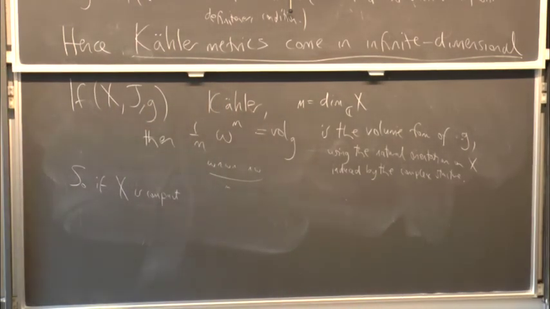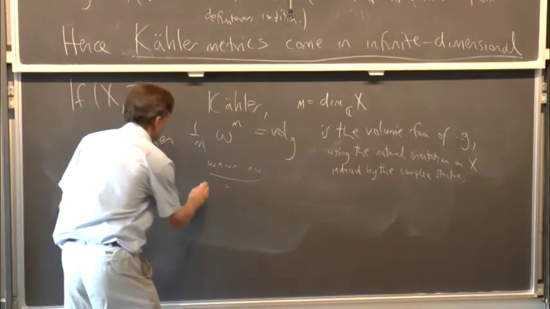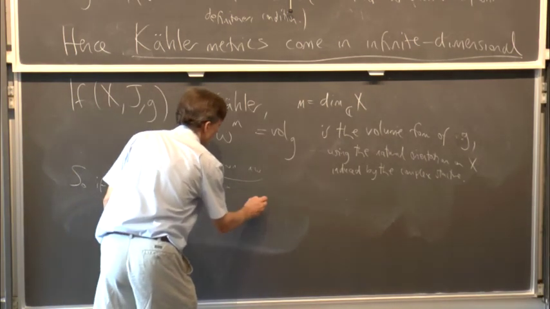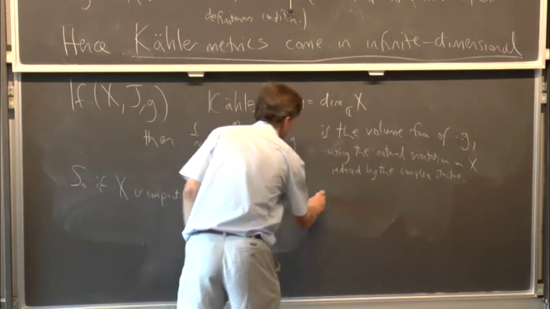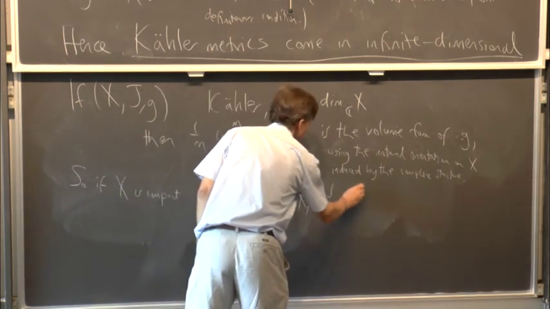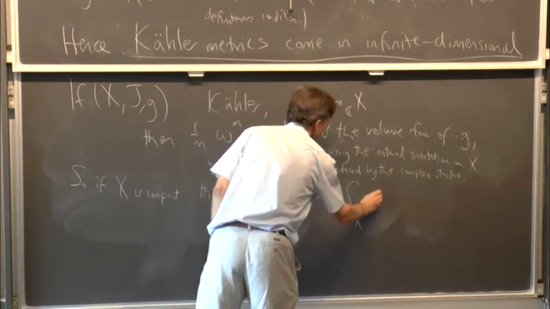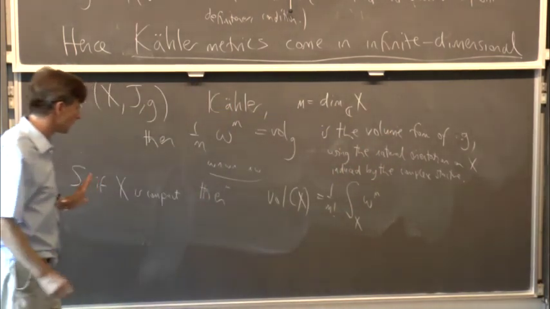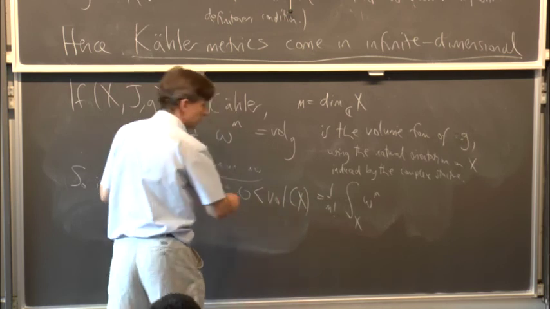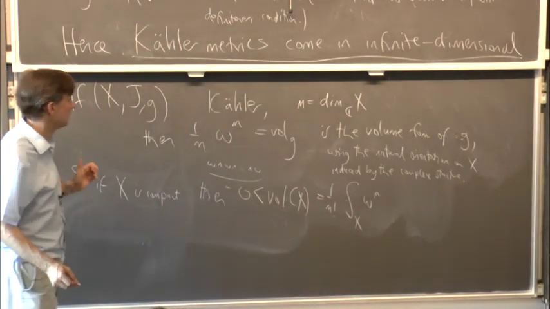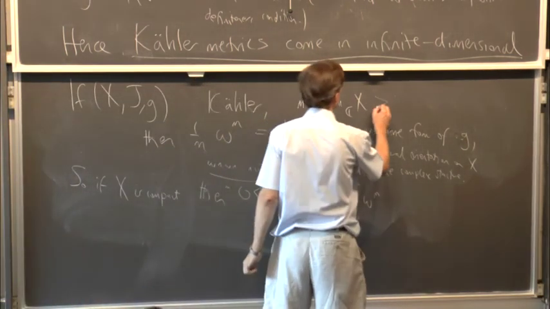Okay, so if X is compact, then the volume of X as a Riemannian manifold is 1 over m! times the integral over X of omega to the m. But the volume is always positive, provided the dimension of X is positive.